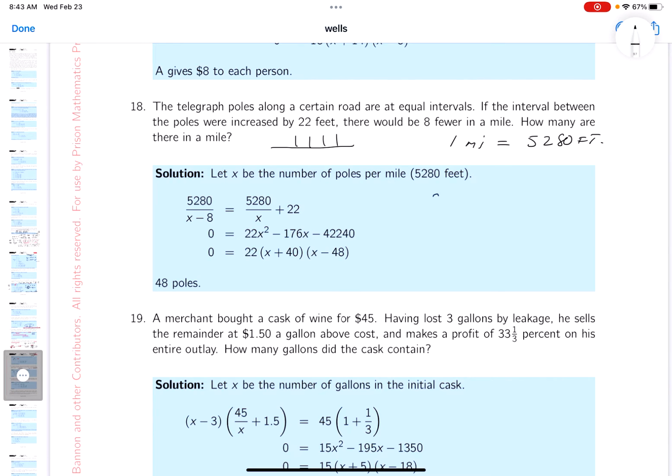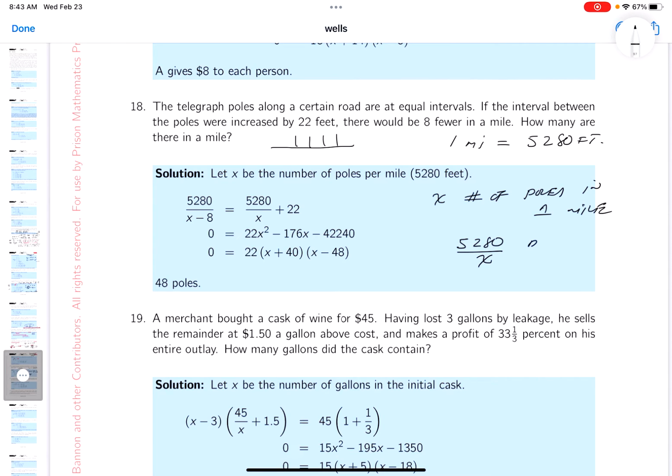So I'm going to say x equals the number of poles in 1 mile. All right, so if that's true, there's going to be 5,280 divided by x would be the distance between the poles.